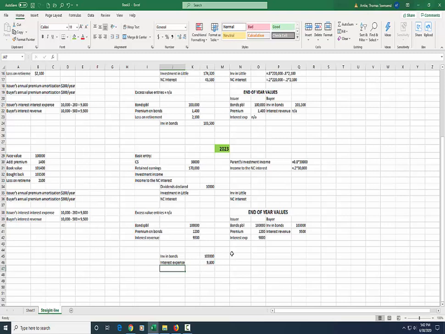Now again, this entry doesn't balance. What do we need to make this thing balance? Well, on the debit side, we've got $110,700. On the credit side, we've got $112,800, a difference of $2,100. Basically, that's the loss that we're carrying forward from the previous year.